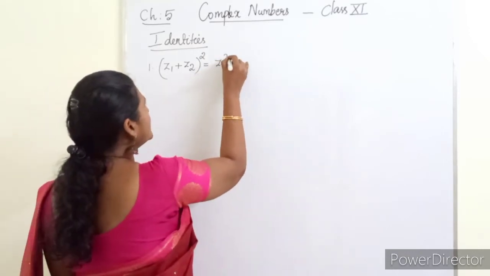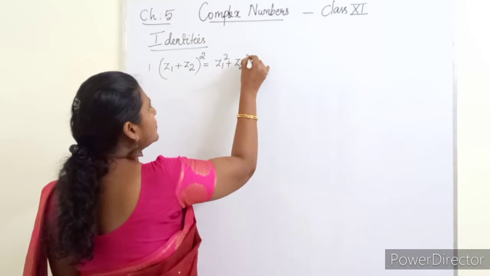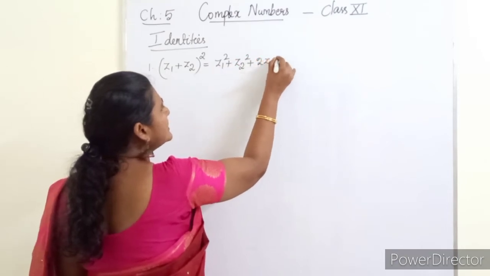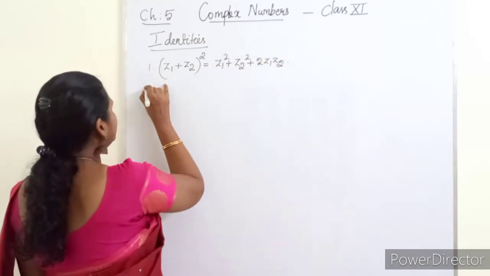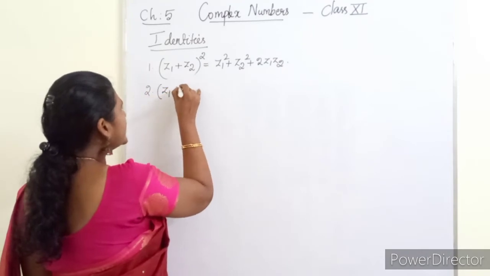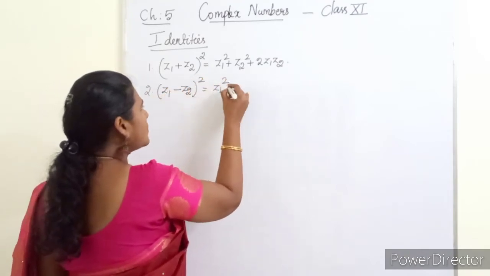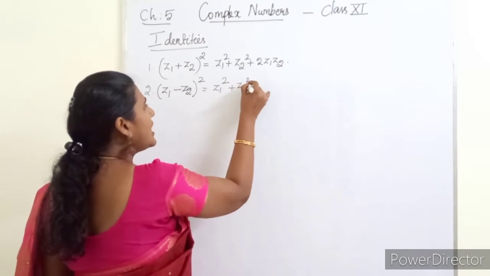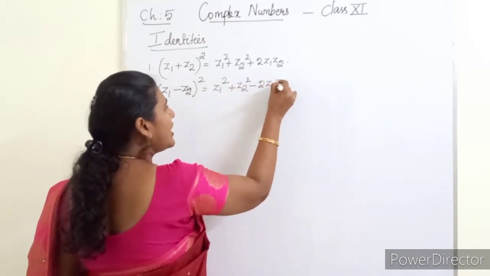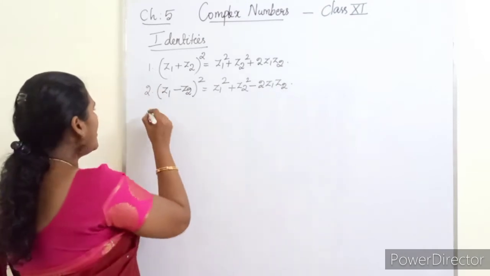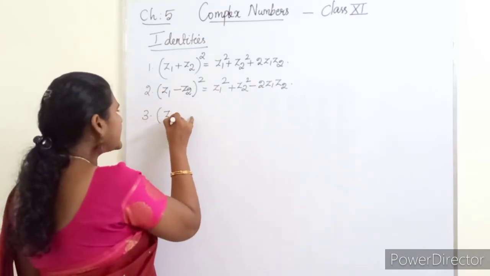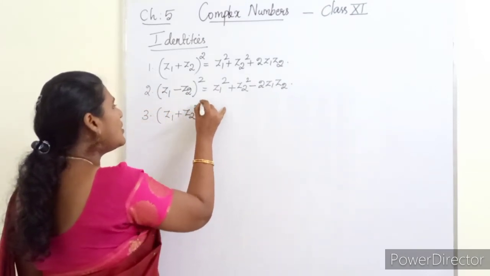So z1 square plus z2 square plus 2 into z1 into z2. Similarly, the second identity, z1 minus z2 the whole square, that is z1 square plus z2 square minus 2 z1 into z2.